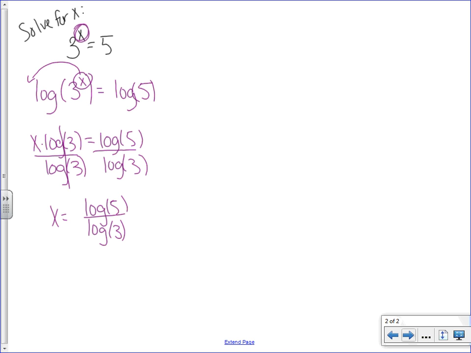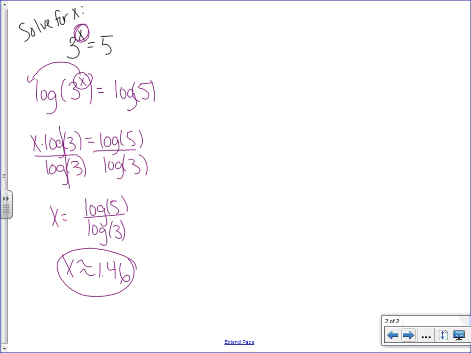Which, I don't know what the log of 5 is or the log of 3 is, but that's why we give you guys calculators. Log of 5 divided by log of 3. You get that x is approximately 1.46. There is your answer. Okay, so now we can find answers even if we cannot change our bases. And we can do that using this cool property of logarithms.